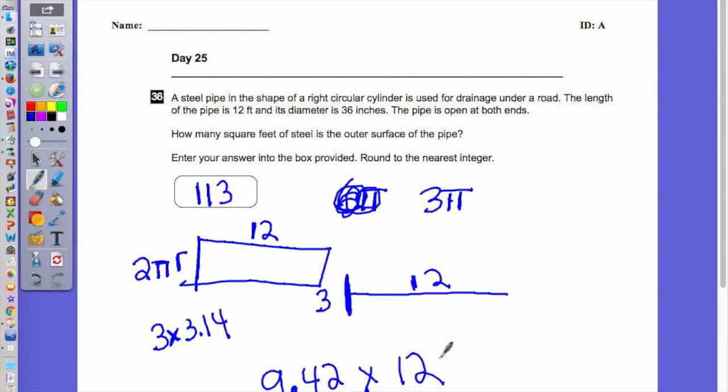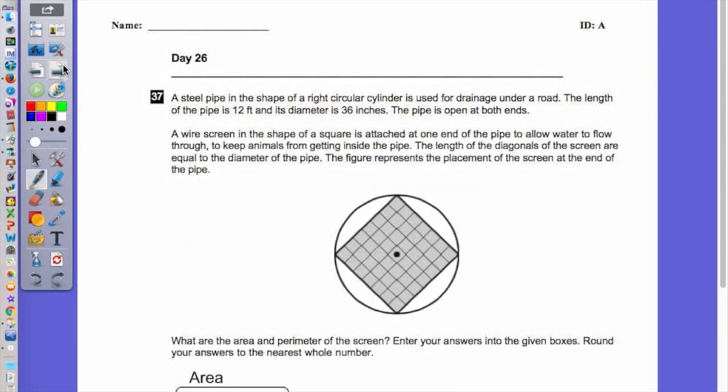Okay. Now we have a steel pipe again. Now, it's used for drainage. The length of the pipe is 12 feet and the diameter is 3 feet. The pipe is open at both ends. A wire screen in the shape of a square is attached at one end of the pipe to allow water to flow through and keep animals out.